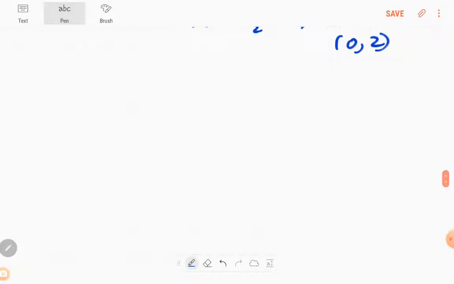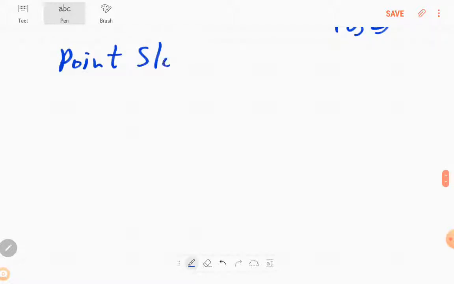Okay, let's look at the point slope formula. We use the point slope formula normally when we're asked to find an equation of a line. So this is where the point slope formula comes in.